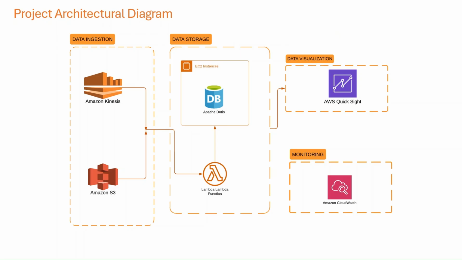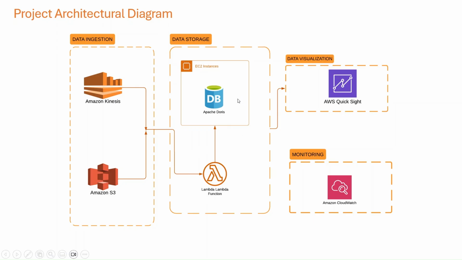So as you can see, this is the project architecture diagram that we have. The one that we have already set up is this part, the Apache Doris on EC2 instance, which was the main data collecting part. Now what we'll do is use Amazon Kinesis to get the data stream, and use this data stream to upload the data onto Apache Doris using a Lambda function.